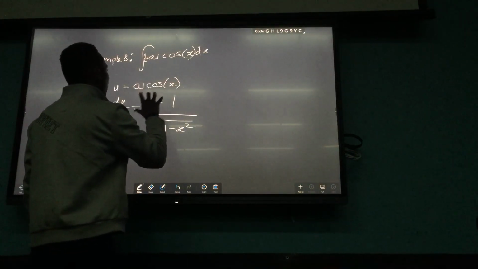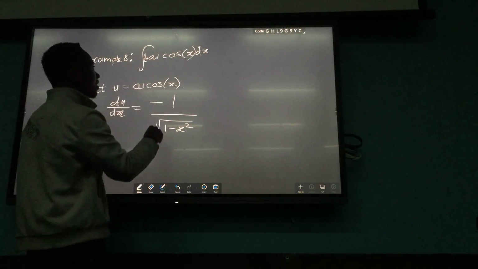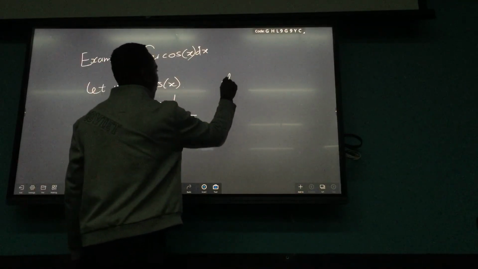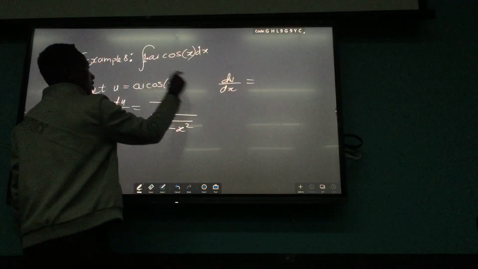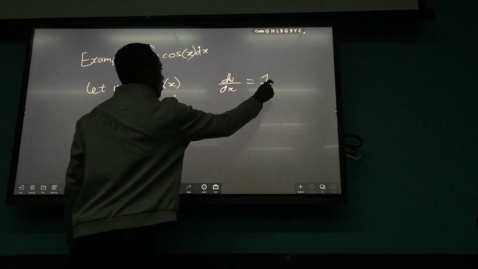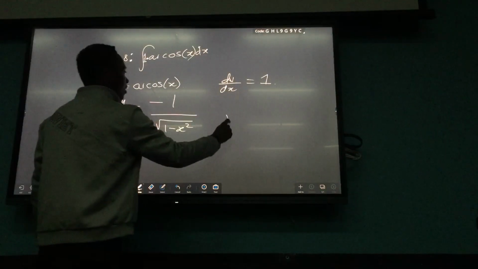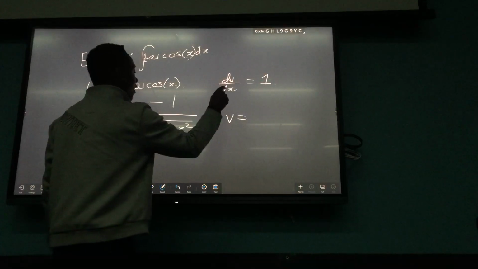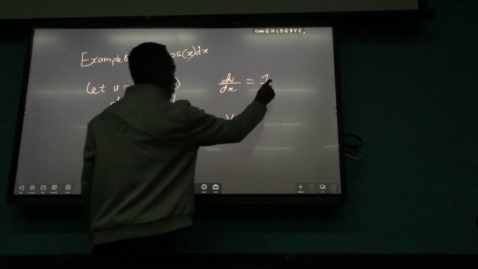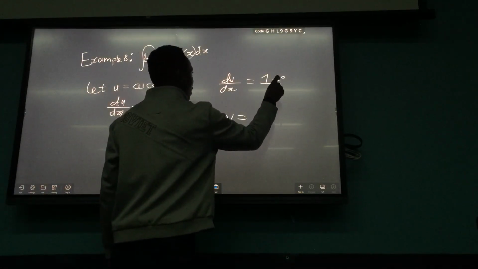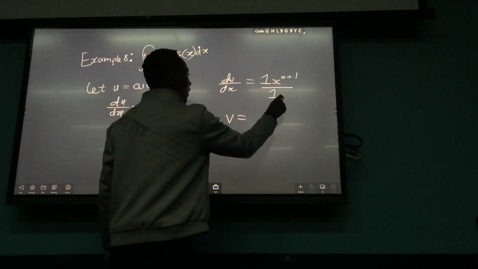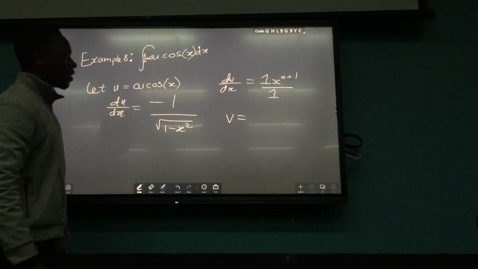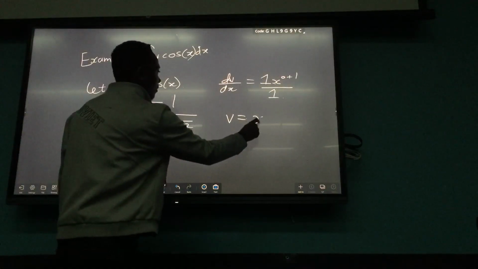Then what we didn't pick as our u automatically becomes our dv dx. So we have dv over dx equals 1, right? And then v is the integral of 1 with respect to x, because this is actually 1 times x to the power 0. So if we add 1 to the power, then divide by the resulting power, we end up with x. So this here is x.